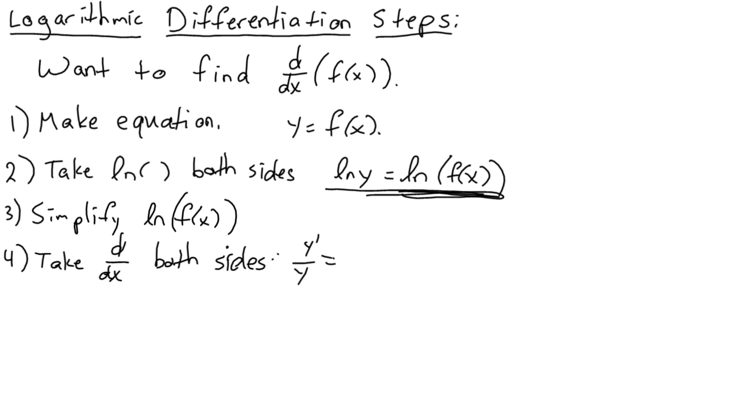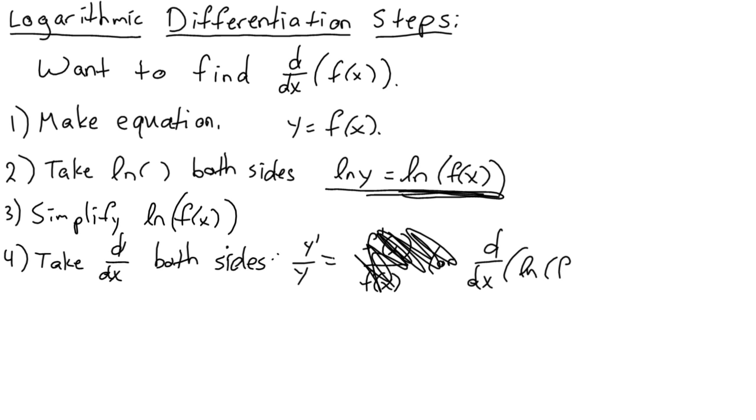On the right, I get f prime of x divided by f of x, or other stuff. Usually you simplified log of f of x so much that you get other stuff. It's just whatever you happen to get when you do the derivative of log f of x. That's the part that's different every time, and it can be very complicated.